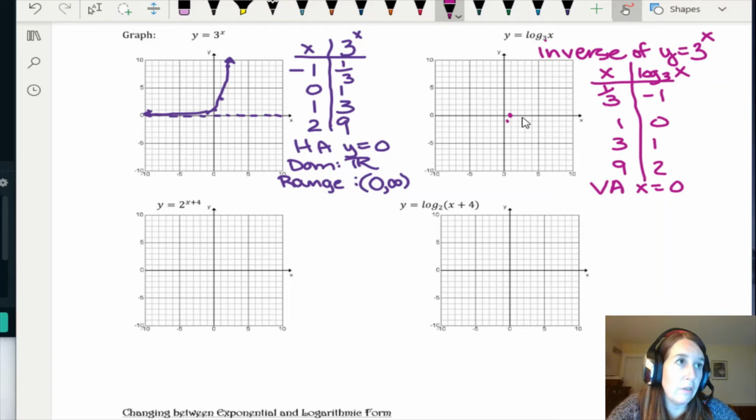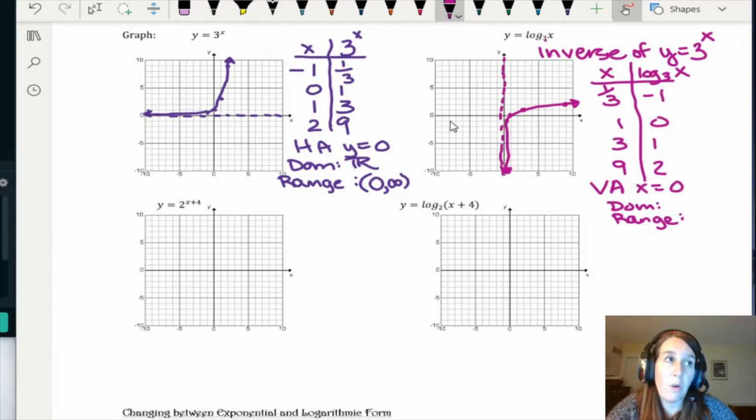Let's graph that. 1, 0; 3, 1; and 9, 2. That is rising, just rising slowly there. And then here at the vertical asymptote, it's going straight down towards that lovely vertical asymptote. Now let's talk about domain and range.